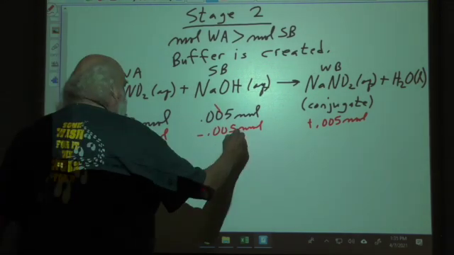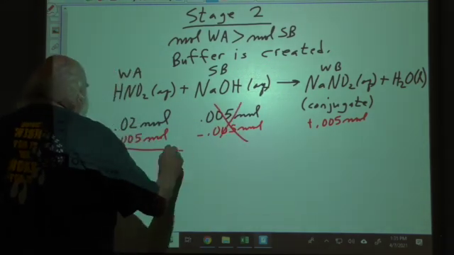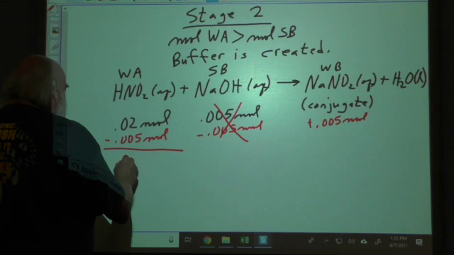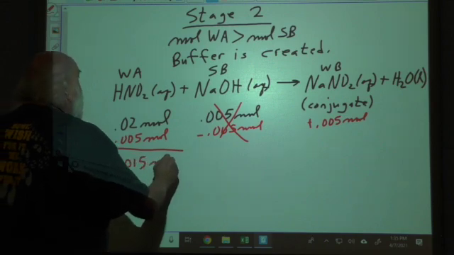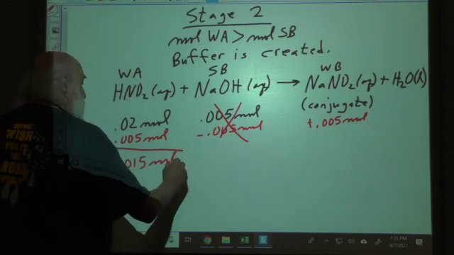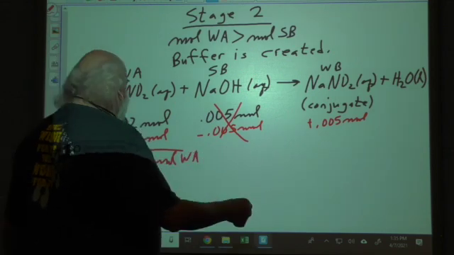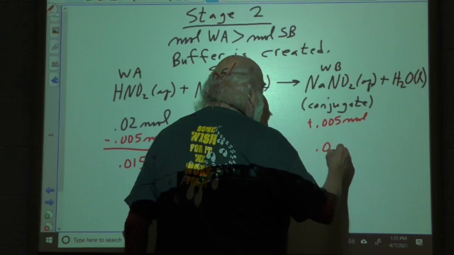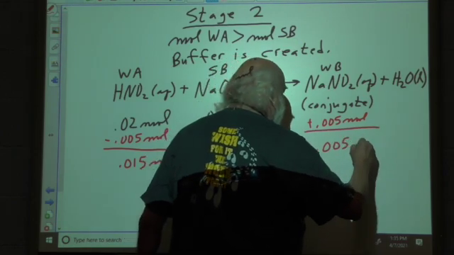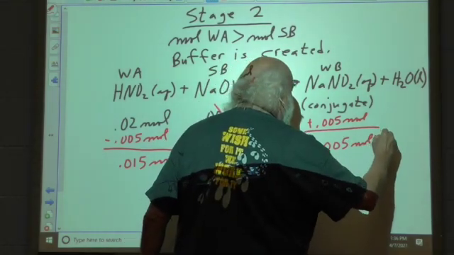So this is now completely gone. We subtract this, we get 0.015 moles of the weak acid. And over here, we have 0.005 moles of the weak base.